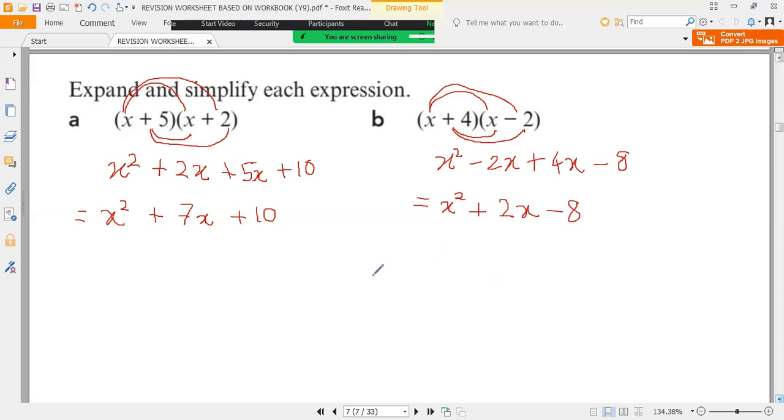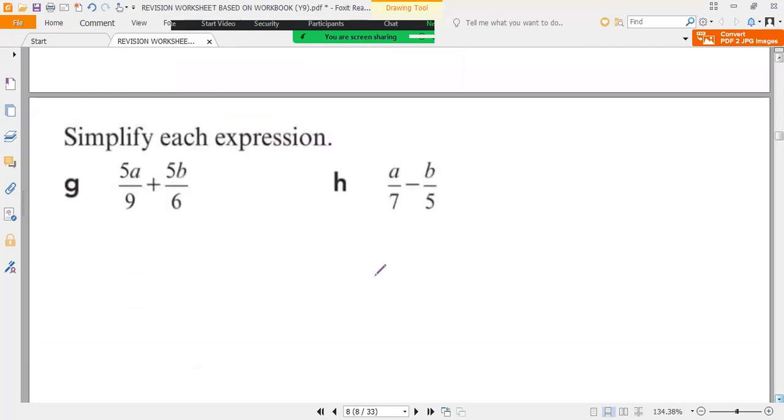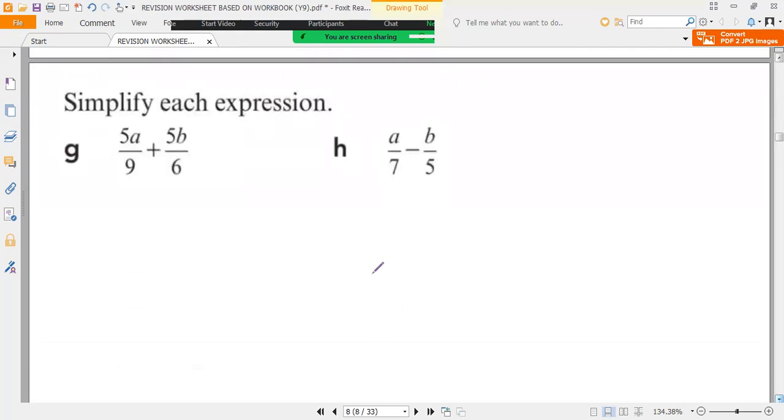Going on. Algebraic fraction. The first one, it's a plus fraction, and another one is a minus fraction. Addition and subtraction of fractions. There is no times and divide in the middle here. So you must make sure the denominators become the same.